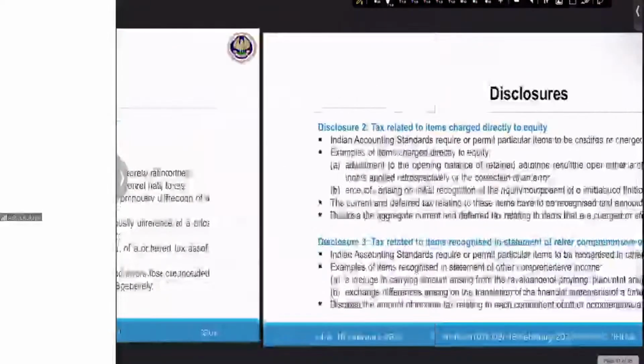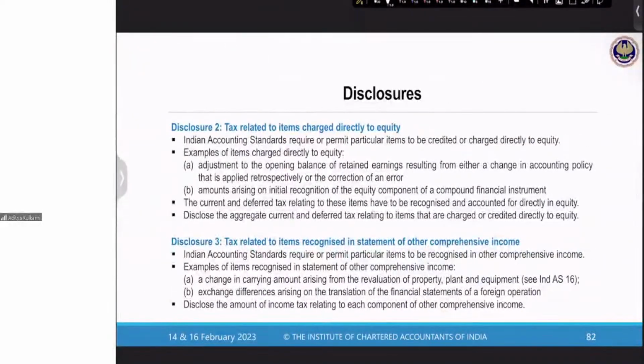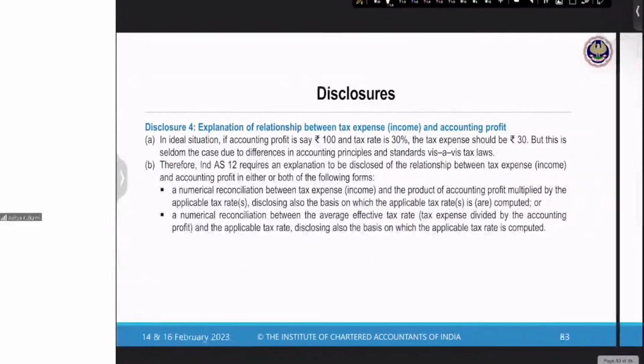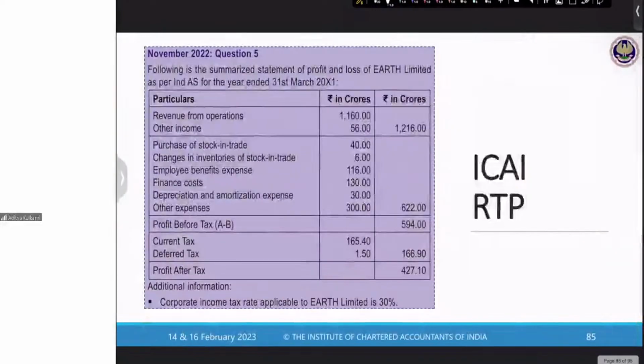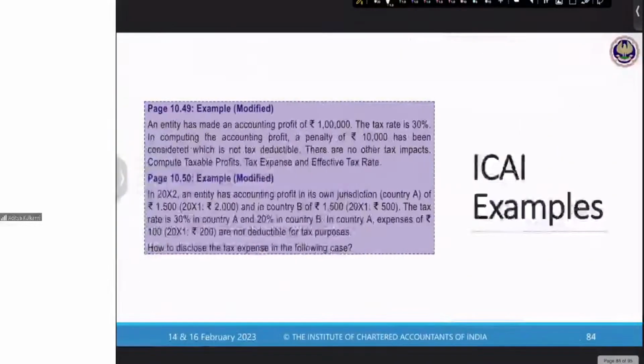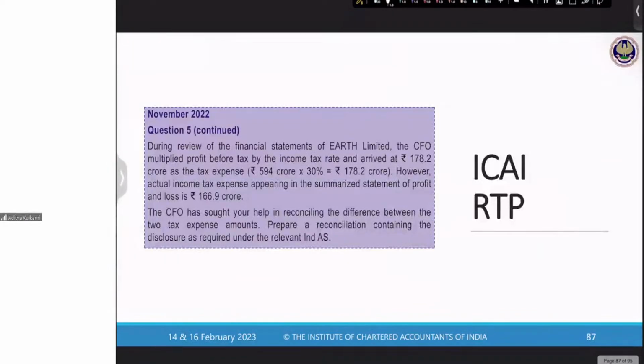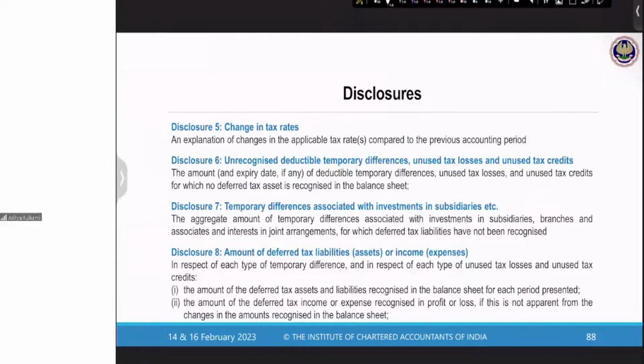Disclose components of expense, tax related to items charged directly to equity, explanation of relationship between taxable income and tax profit. I want you to check these 2 questions. And this 1 question here is what I am going to do right now, but I'll just run you through the disclosures first.